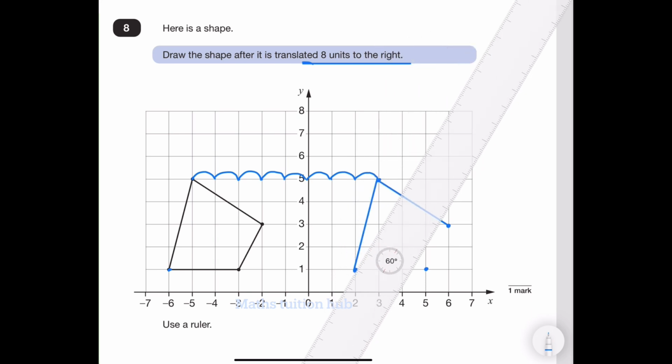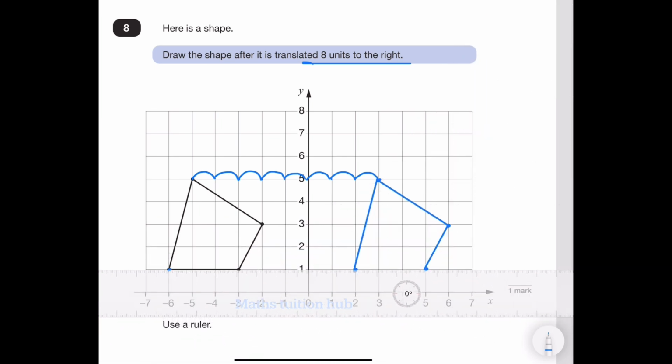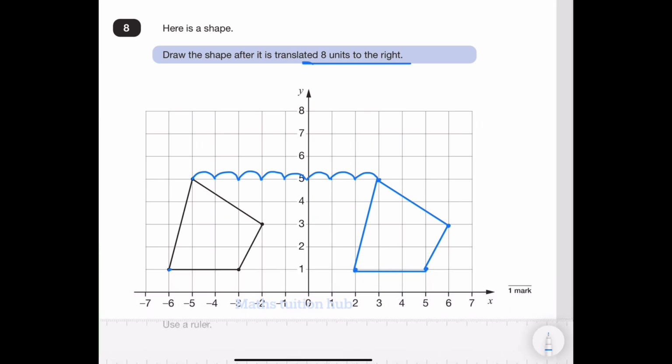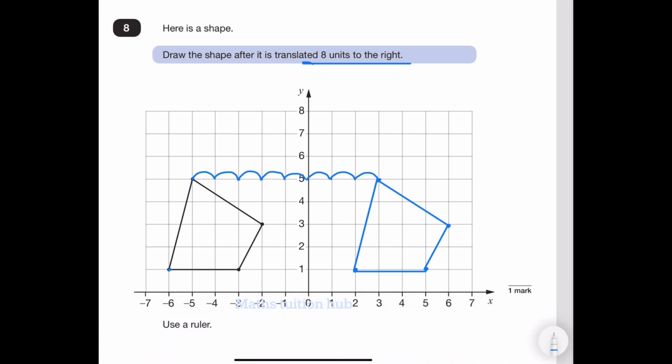So the size will be the same. That's the new translated shape from the original one.